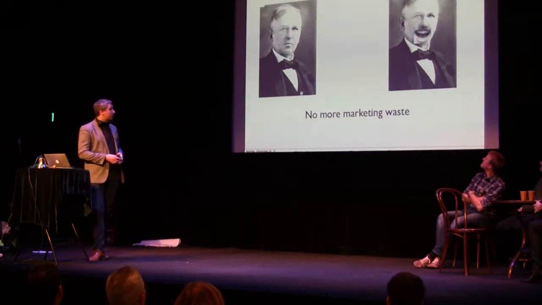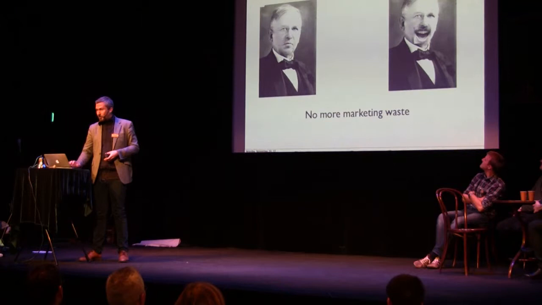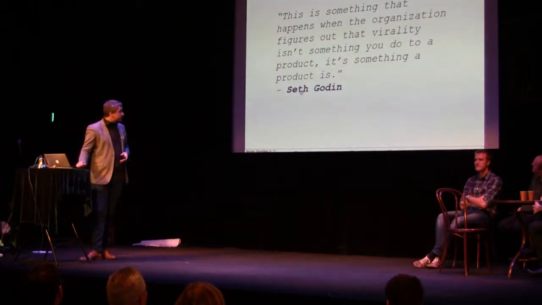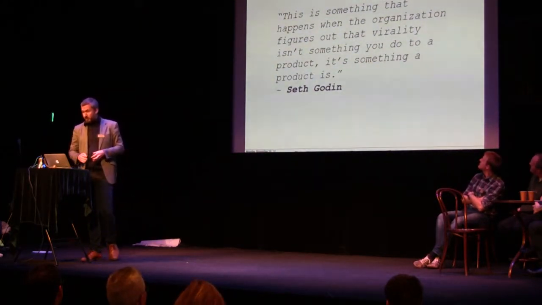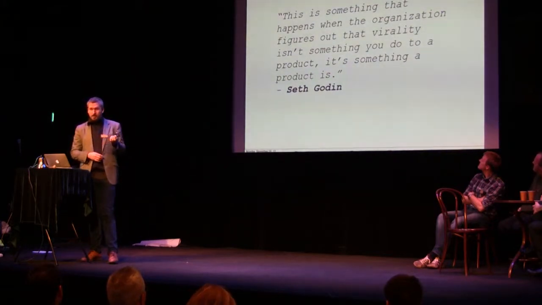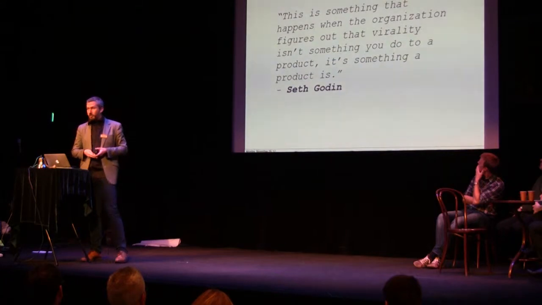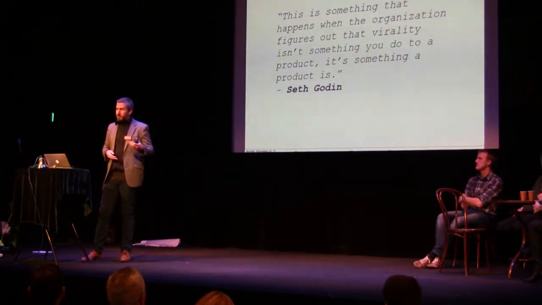And hopefully Wanamaker is a little bit more happy because we reduced the waste in marketing. And as the marketing guru Seth Godin points out, this is really what happens when you put the product at the center of your organization. This is almost like a natural consequence of that.